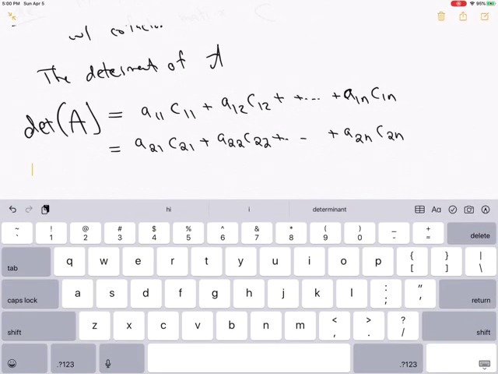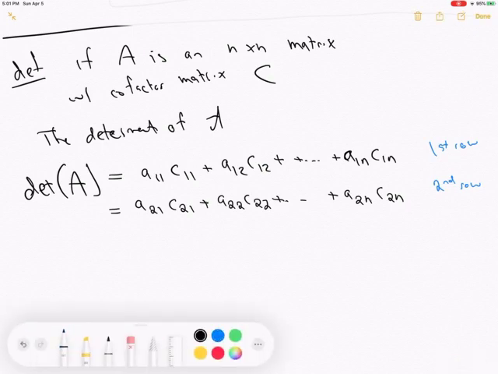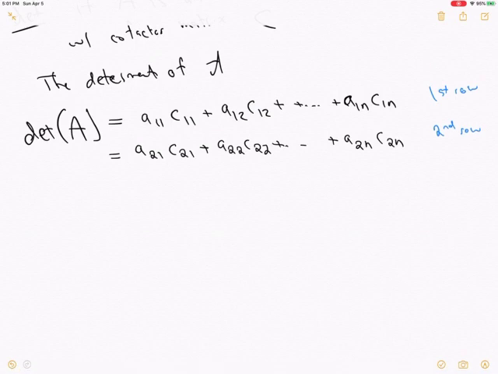Okay, so here all of these are coming from the first row. Here they're all coming from the second row. And you can continue this for all possible rows. So for example, you can do the last row: An1 Cn1 plus An2 Cn2 plus, and keep going, Ann Cnn.